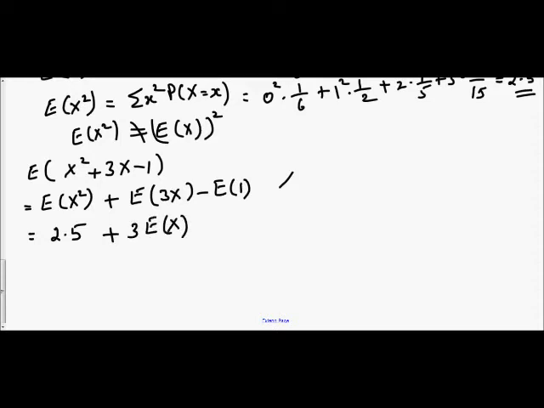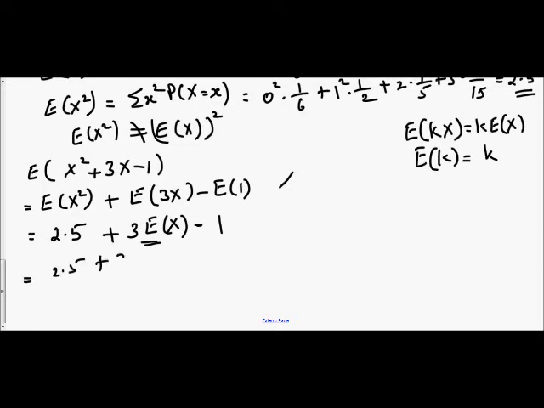The 3 can come out, so this is the property that we have applied just now for the 3 there. The expected value of kx would be k times the expected value of x. I'll just start saying e of x instead of expected value of x. This is the property that we have used here. The 3 comes out. And another property is e of a constant is the constant. Therefore e of 1 would be 1. Therefore this is 2.5 plus 3 times 1.3 minus 1, and you can simplify this.